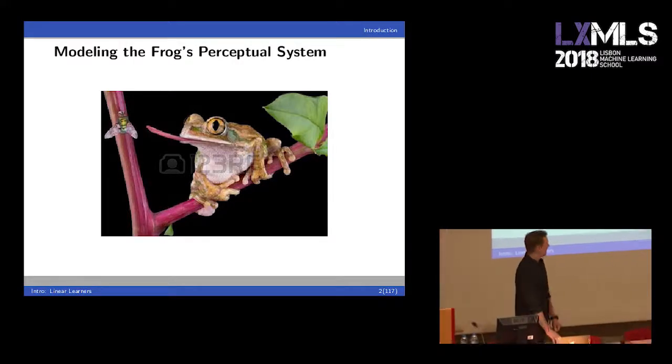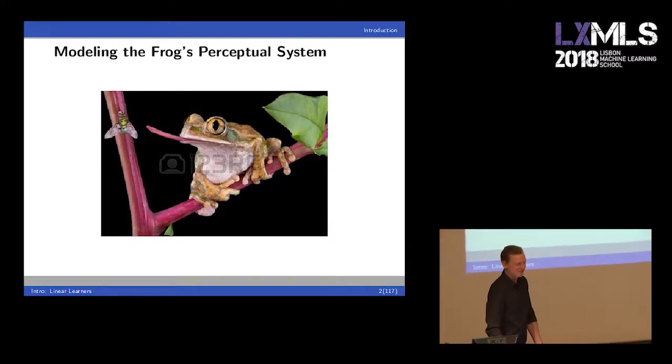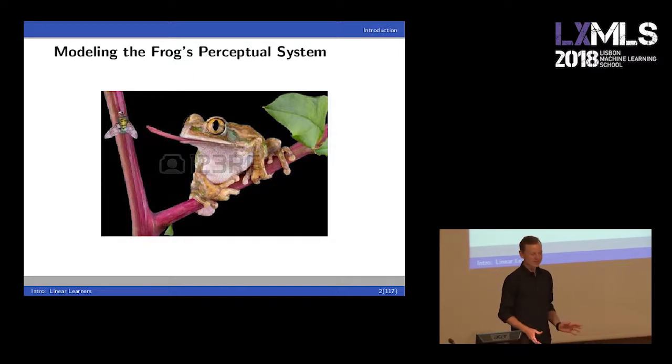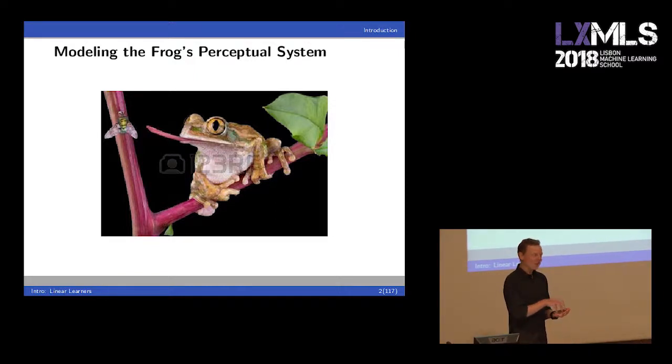Okay, so the class I'm doing today is basic in two senses. It's basic in that it's simpler than the classes that will follow, and it's basic in that all the things I'm presenting today are building blocks for the later classes. For example, I will talk about the perceptron, which is a building block for neural networks.